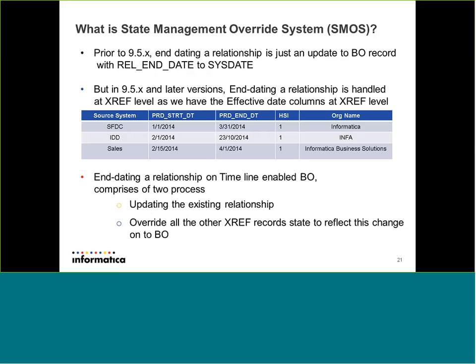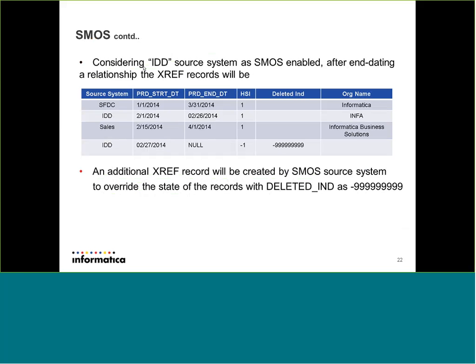So to achieve this end dating functionality in timeline, I'll use this slide. Consider the IDD source system, which you configured as the SMOS source system. When you end date the relationship in 9.5, the IDD source system will create an additional cross-reference record with the HotFix indicator as -1 and the deleted indicator as -9999.